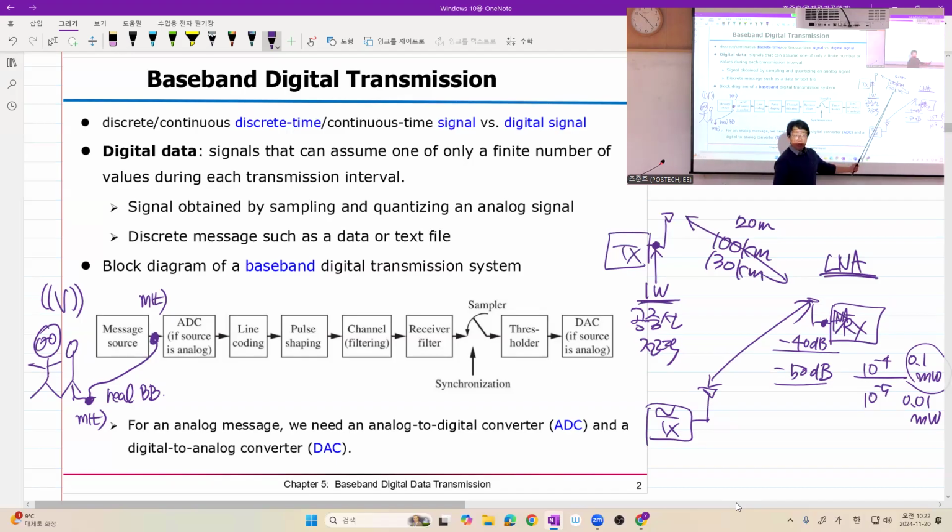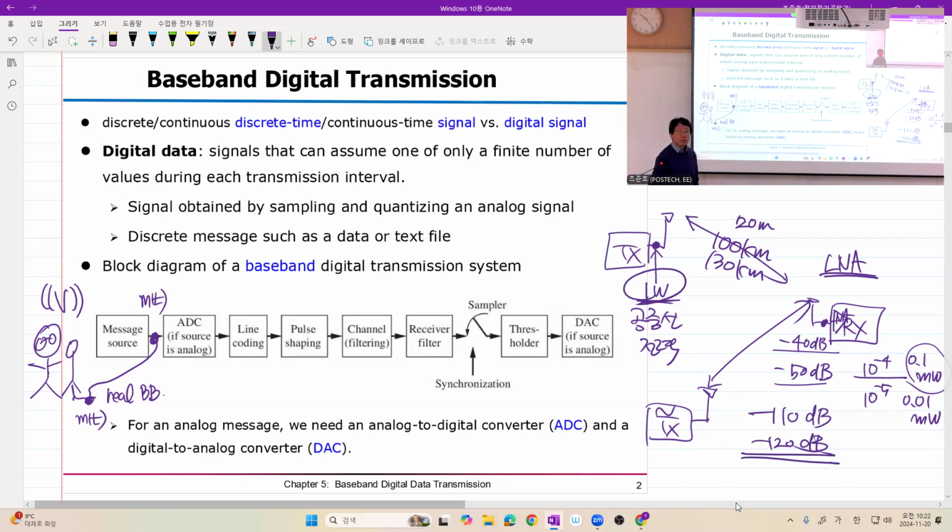We just used a 1 watt transmitter, and attenuation was around 110 or 120 dB. So suppose the transmitted signal is 1 watt, and the channel gives us 120 dB attenuation. Then your received signal power is 10 to the negative 12 watt.